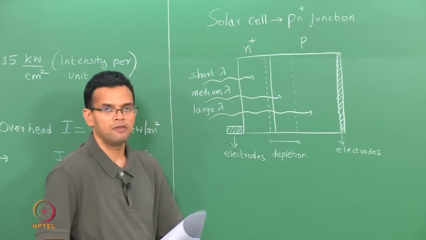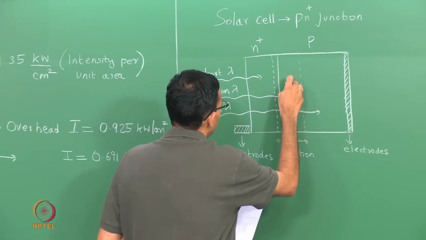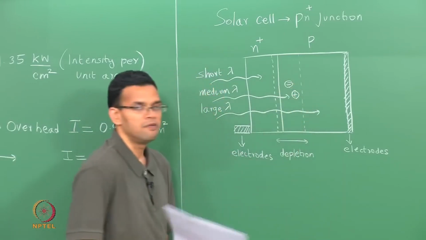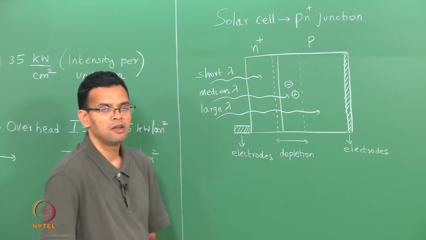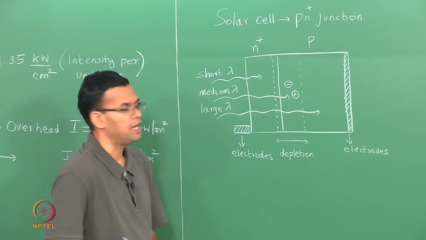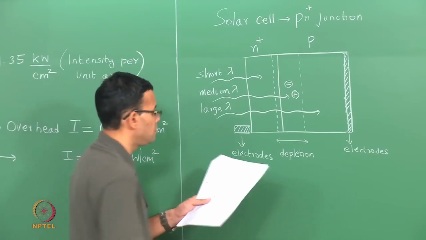When the light gets absorbed, it generates an electron hole pair. For example, the medium wavelength region generates an electron hole pair within the depletion region. We have looked at a p-n junction in equilibrium. We know that whenever we have a junction, we always have a contact potential.